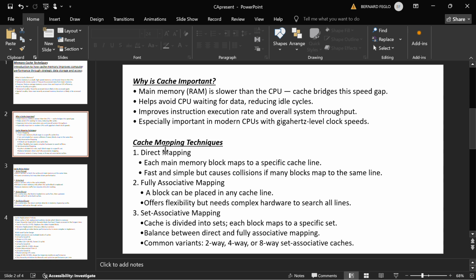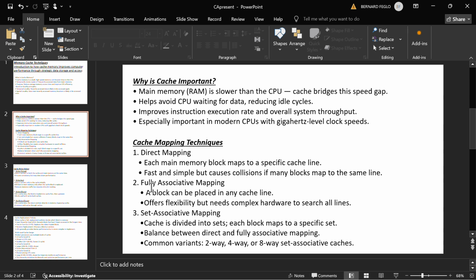And now let's come to cache mapping techniques. In cache mapping techniques we have the direct mapping. In direct mapping, each main memory block maps to a specific cache line. It is fast and simple, but causes collisions if many blocks map to the same line.